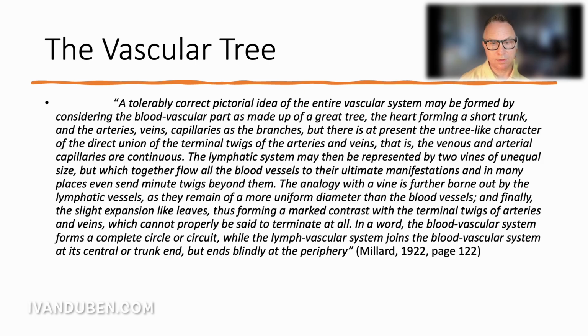In a word, the blood vascular system forms a complete circle or circuit, while the lymph vascular system joins the blood vascular system at its central or trunk end, but ends blindly at the periphery.